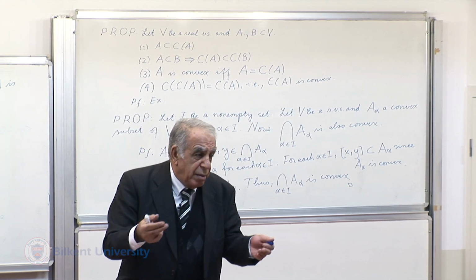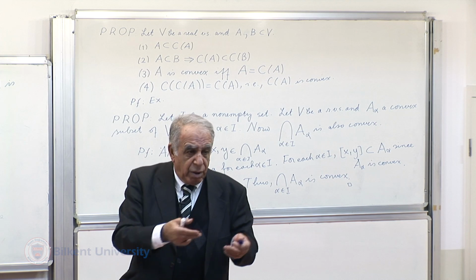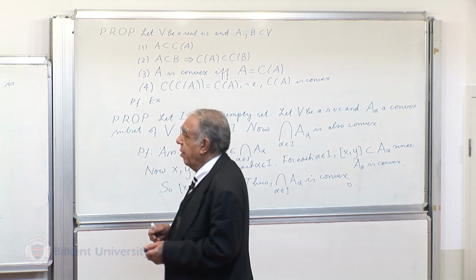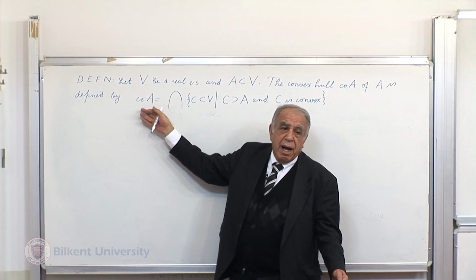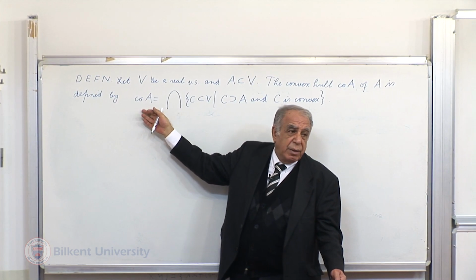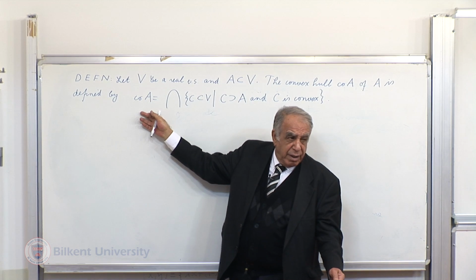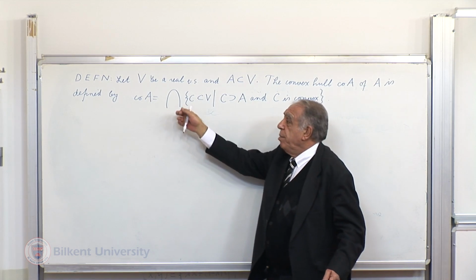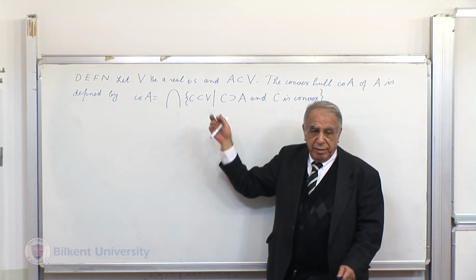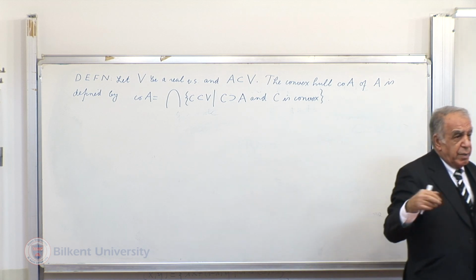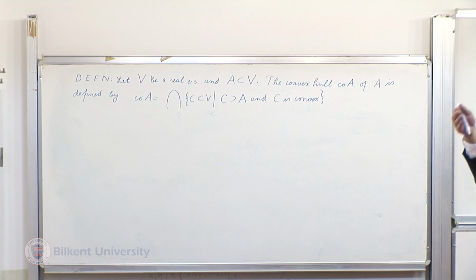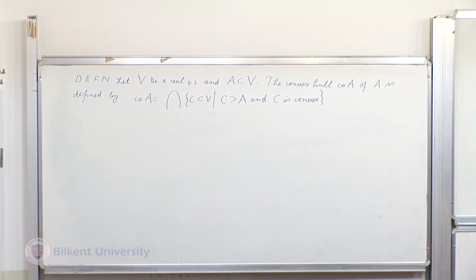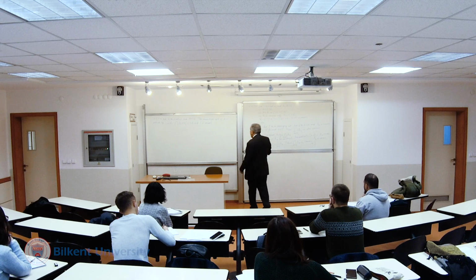If A itself was closed, then its closure was equal to itself. Here again, if A is convex, then the convex hull of A will turn out to be itself, because A will be a member of this collection over which the intersection is taken. Everything is a superset of A, so the intersection will be equal to A.